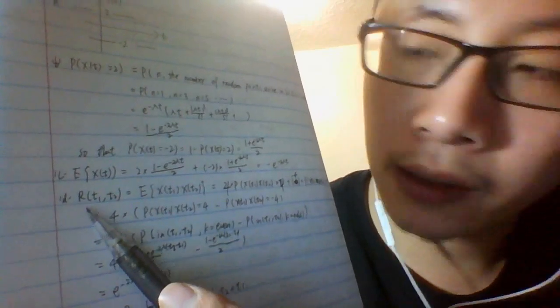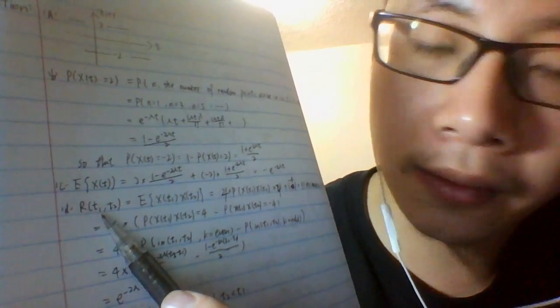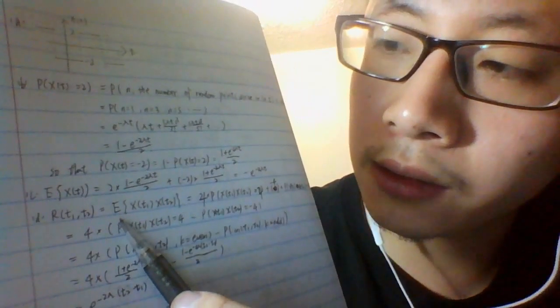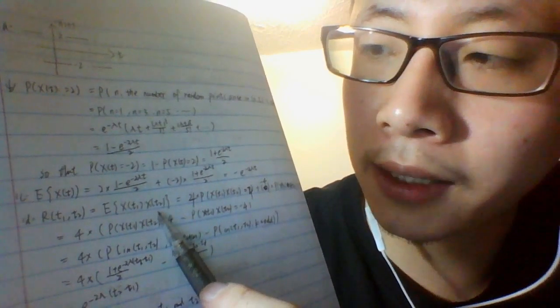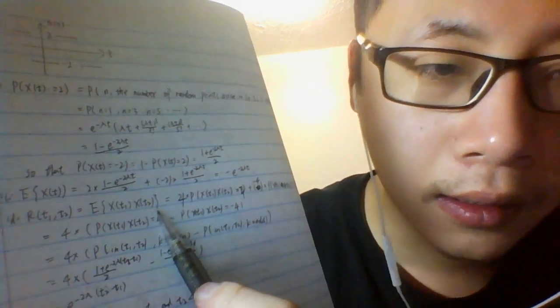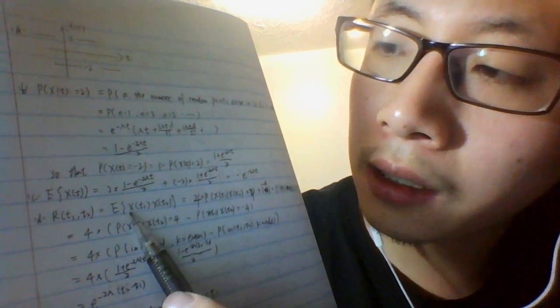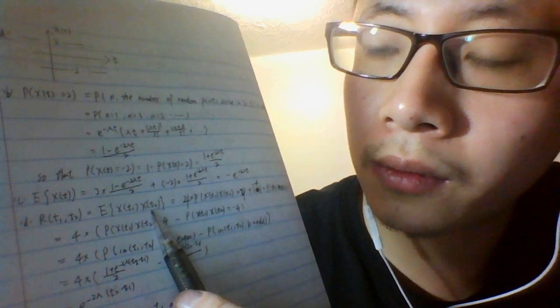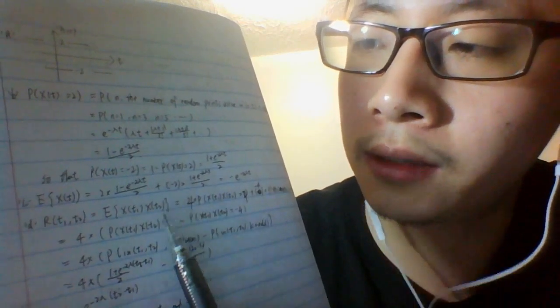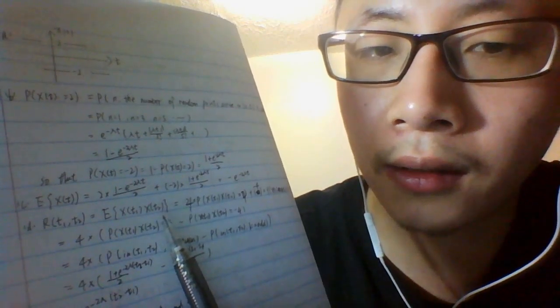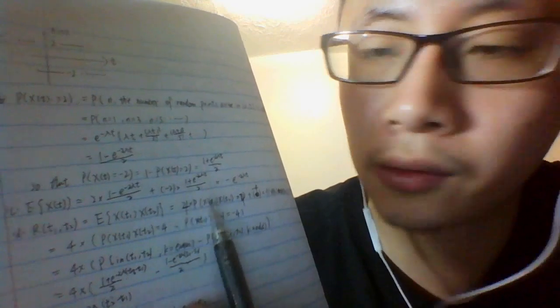And the question D, we want to find R of t1 and t2, and it is equal to the expectation of x(t1) multiplied by x(t2). And x(t1) multiplied by x(t2) only has two values. The first one is 4, which is 2 multiplied by 2.